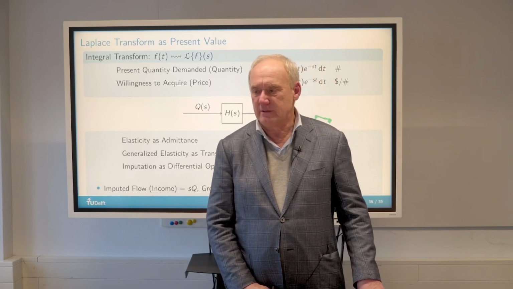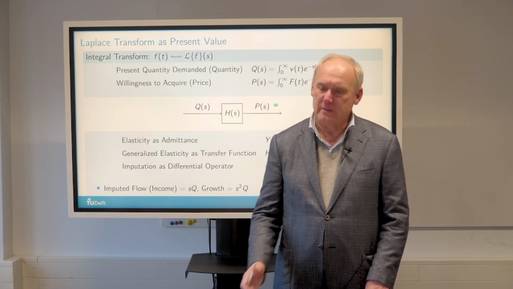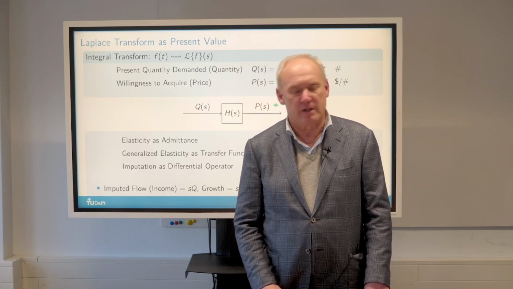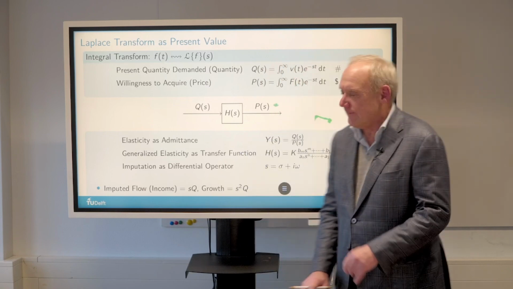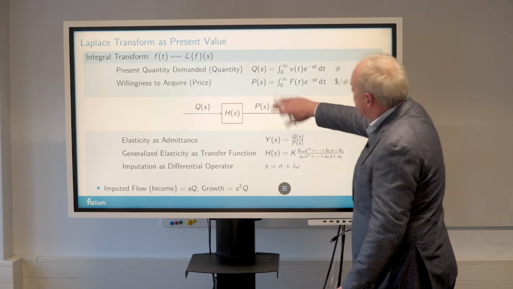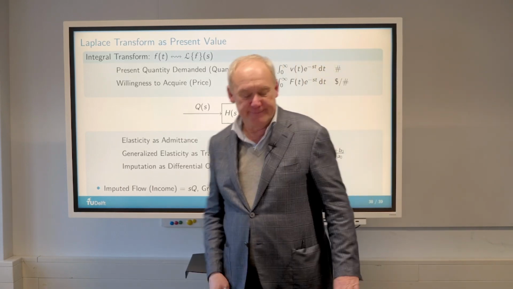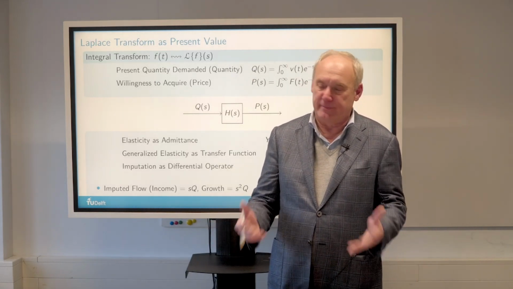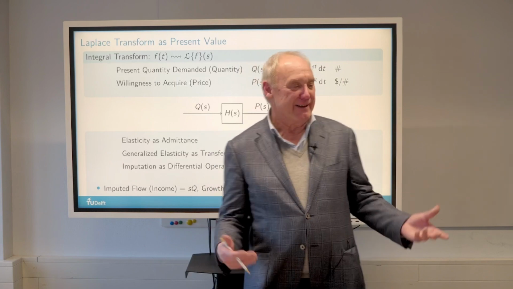Momentum is so abstract, but a price is not. Energy is also abstract, but surplus, a profit, is not. And present value is not abstract, but a Laplace transform is. A Laplace transform is like somebody of the opposite sex: you never really understand it, but you get used to it after a while, and you know what you can do with it, and it's useful.